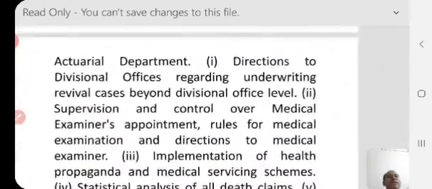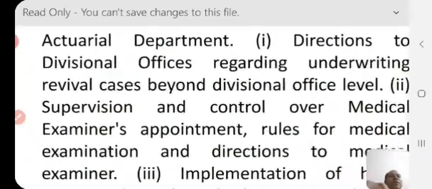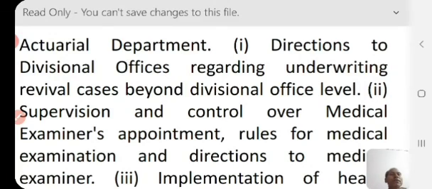Yes, this is the actuarial department. Directions to divisional offices regarding the underwriting revival cases beyond divisional office level. Supervision and control over medical examiners' appointment.